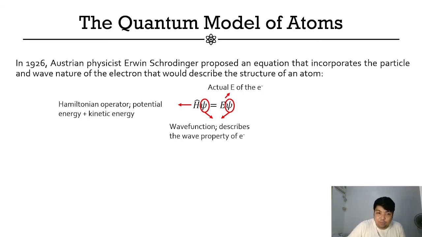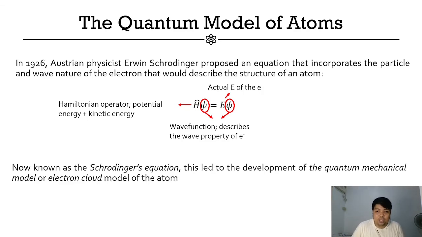This famous equation that revolutionized how we perceive electrons in atoms is what we call Schrödinger's equation. So this led to the development of the quantum mechanical model, or the electron cloud model of the atom.